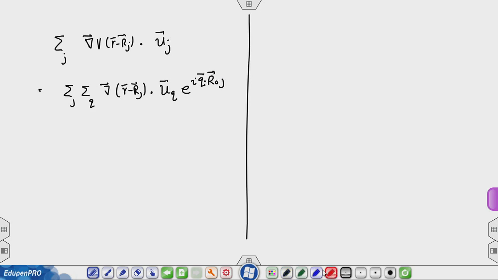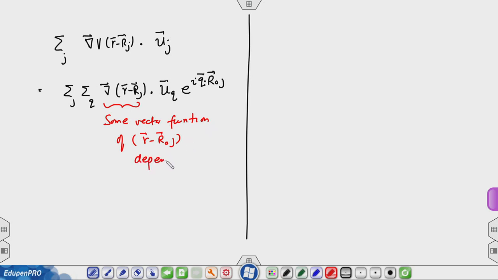As I said earlier, I have shown this in 1D, but generalization is quite easy. Now, this is some vector function of r minus r j, and r naught j.